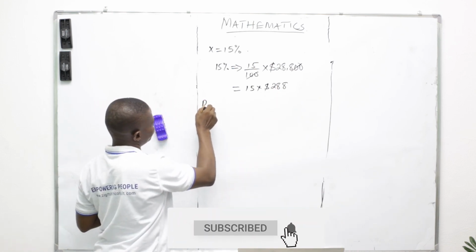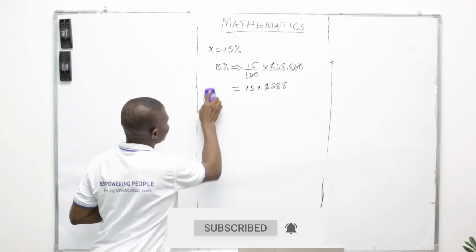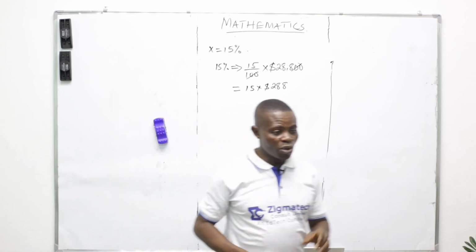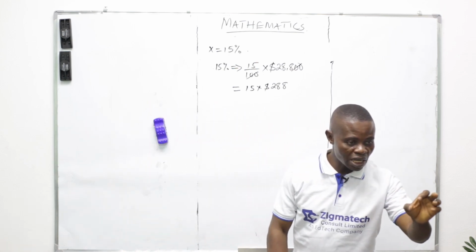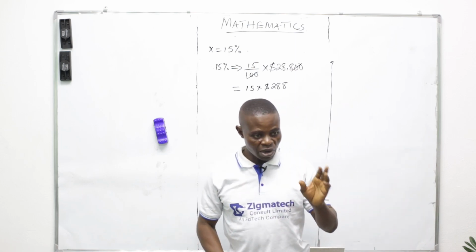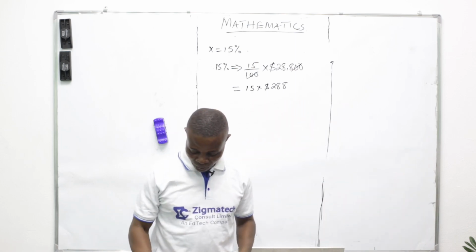Remember, we have to get the what? The monthly amount first, because this is the amount saved each month.